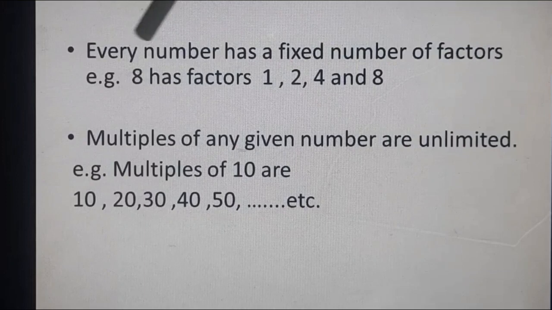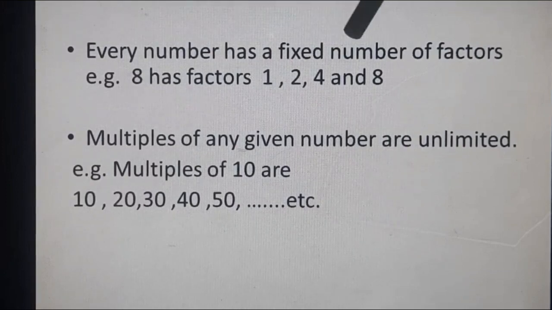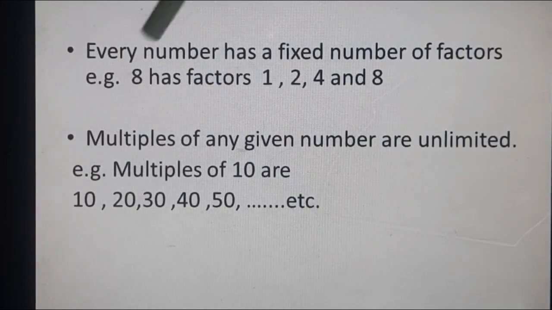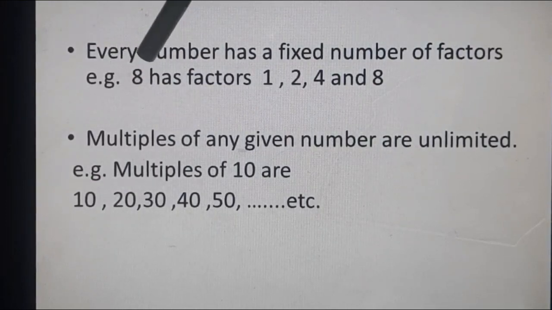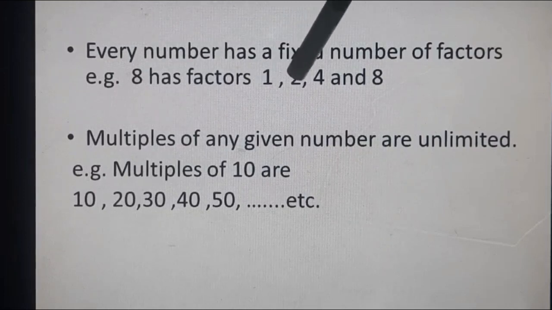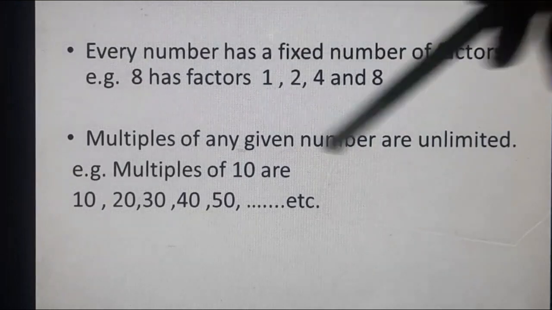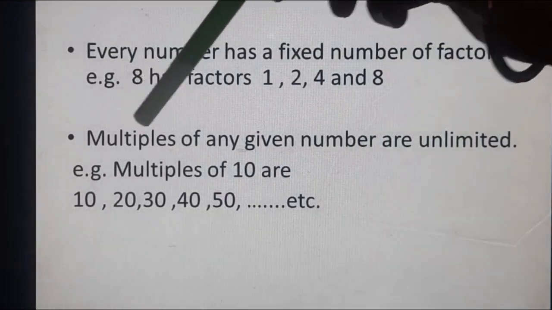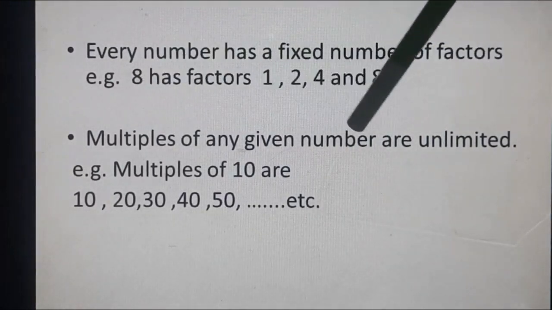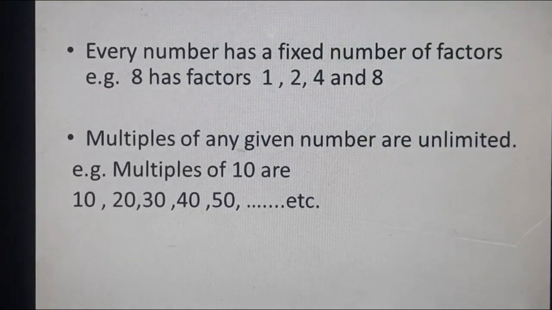Next point is every number has a fixed number of factors, limited number of factors. For example, 8. 8 has the factors 1, 2, 4 and 8. So these are fixed, we can count. Multiples of any given number are unlimited.